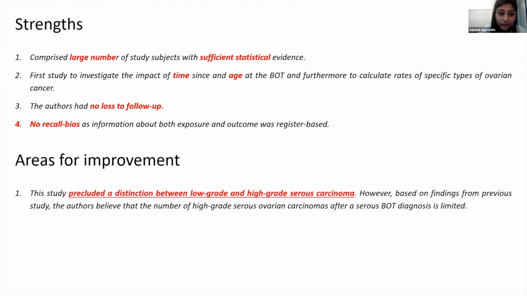According to me, the few areas of improvement could be that the study precluded a distinction between low-grade and high-grade serous carcinoma. However, based on findings from a previous study, the authors believe that the number of high-grade serous ovarian carcinomas following serous borderline diagnosis is limited. They did not specify whether a serous borderline tumor was micropapillary variant or not.